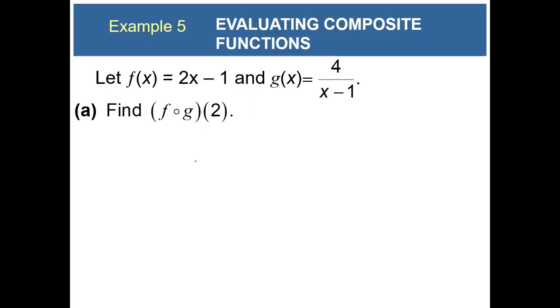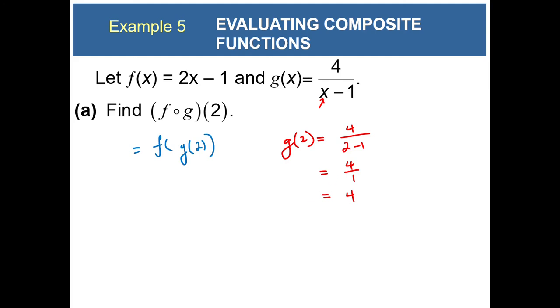Example 5. Let f of x be equal to 2x minus 1 and g of x be equal to 4 over x minus 1. Find f of g of 2. So we need to find g of 2 first. g of 2 is equal to, we'll plug in a 2 into the function for g, 4 divided by 2 minus 1, and that simplifies to 4 over 1, or just 4.